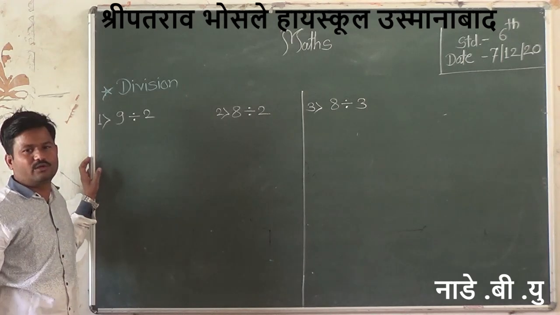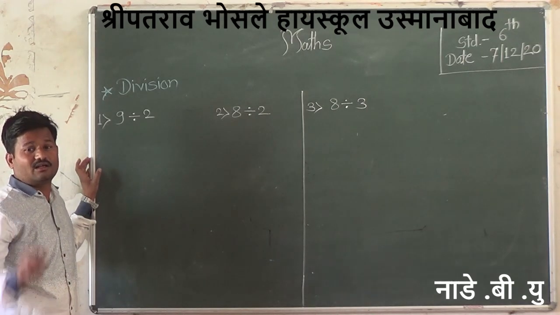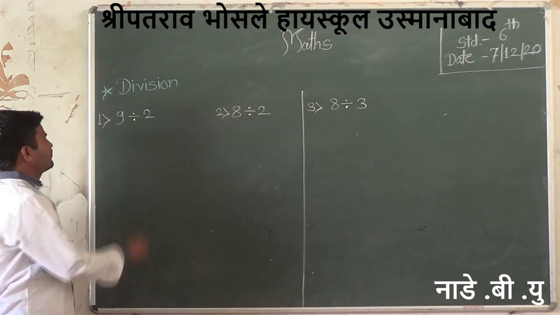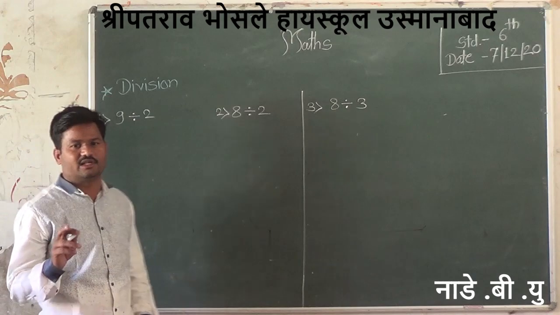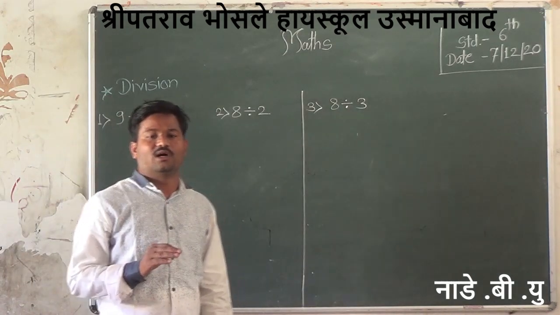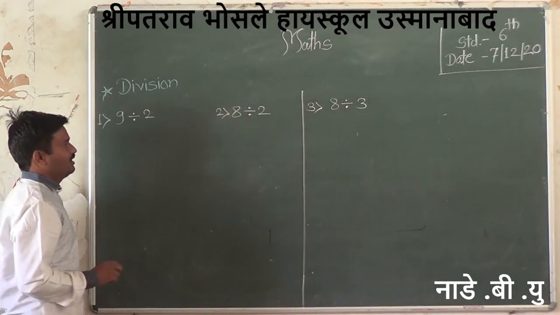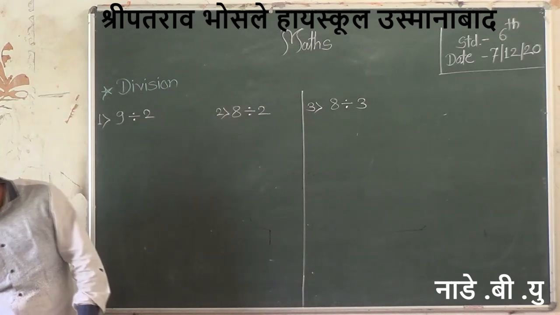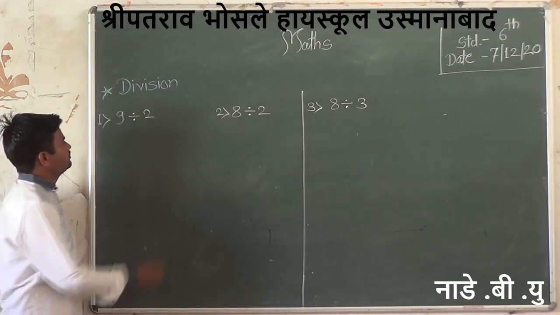You know how to divide, but here we revise the division examples, which are important for our lesson. The first example is 9 divided by 2.